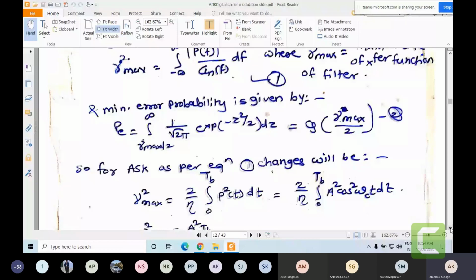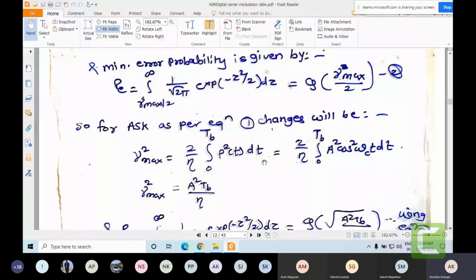Now, for this gamma square max, how we are finding the output that we are going to derive here with respect to the substituted values from the P square t. P square t is nothing but what? Signal square value. And signal what we are going to receive is S2t minus S1t multiplied with the ASK output.